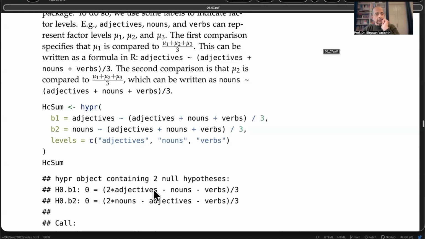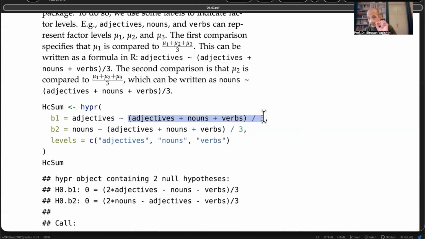So using the hyper package, if you're talking about the adjectives, nouns, and verbs example with the three conditions, we could have one hypothesis that the adjectives are no different in whatever the dependent variable is than the grand mean of the reaction time or whatever, right? So this is the grand mean of the reaction time.